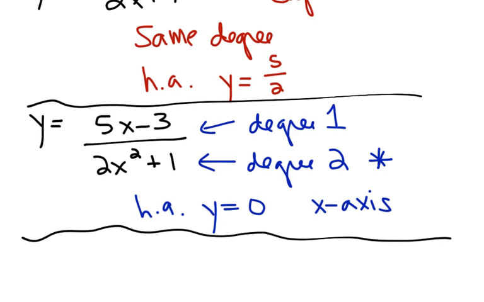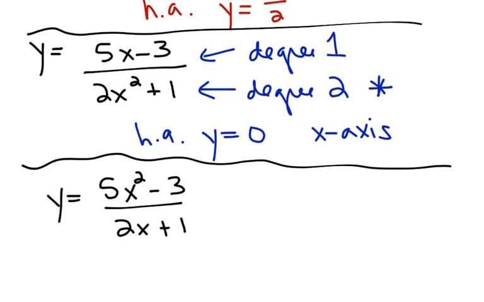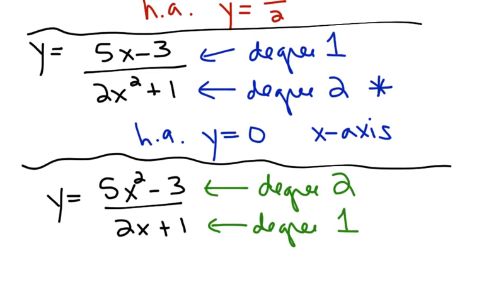Okay, so the degrees in the numerator and denominator could be the same, or the degree in the denominator could be bigger, or the last thing that could happen is the degree in the numerator could be bigger. So, again, I altered this just a little. So now the degree in the numerator is 2, and the degree in the denominator is 1.